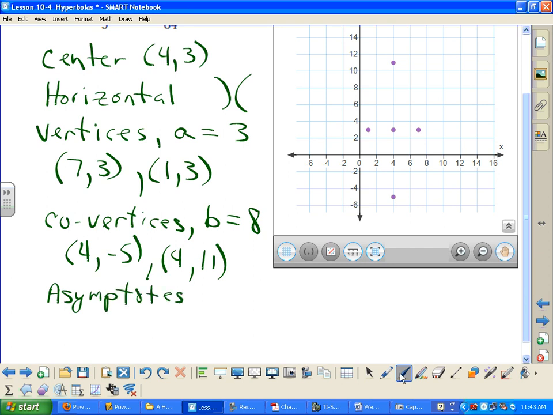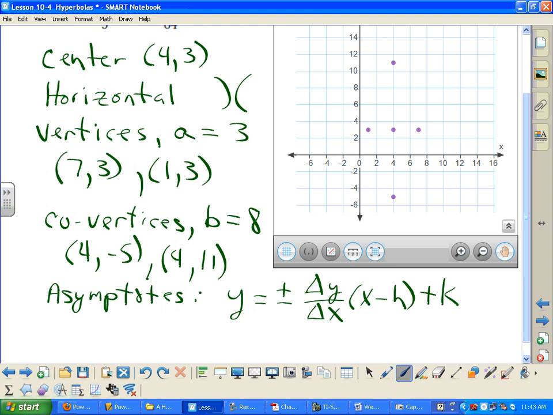So remember, the asymptotes are y equals plus or minus change in y over change in x times x minus h, plus k. So once again, h is 4, k is 3, so those are going in for h and k.